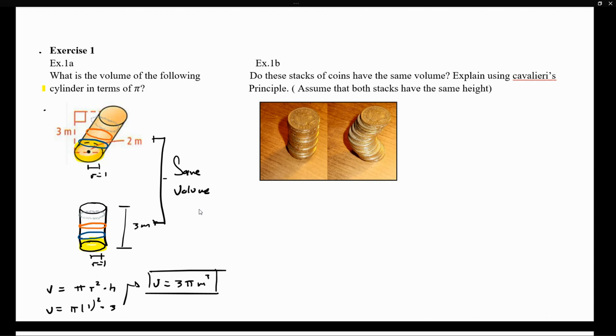If I take a right cylinder of coins, its volume will still be the same as this other slanted or curved cylinder, as long as they have the same height and the same base.